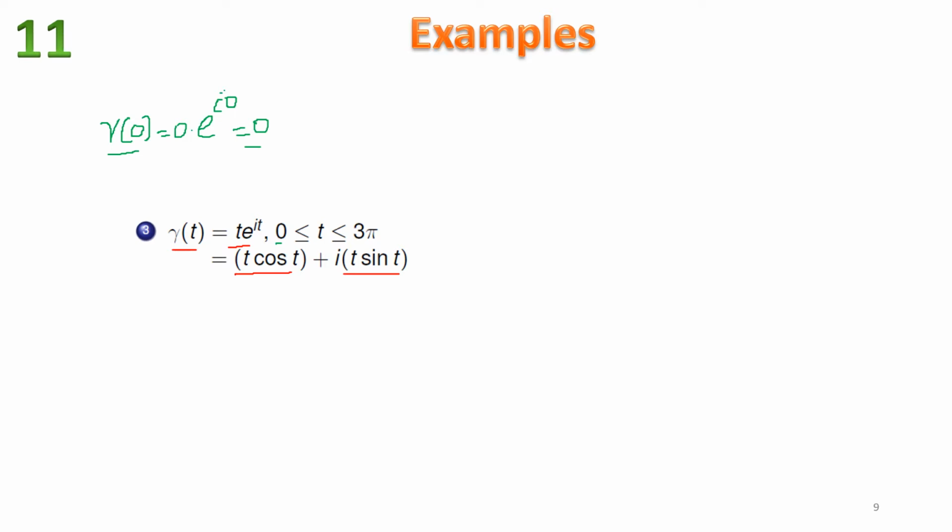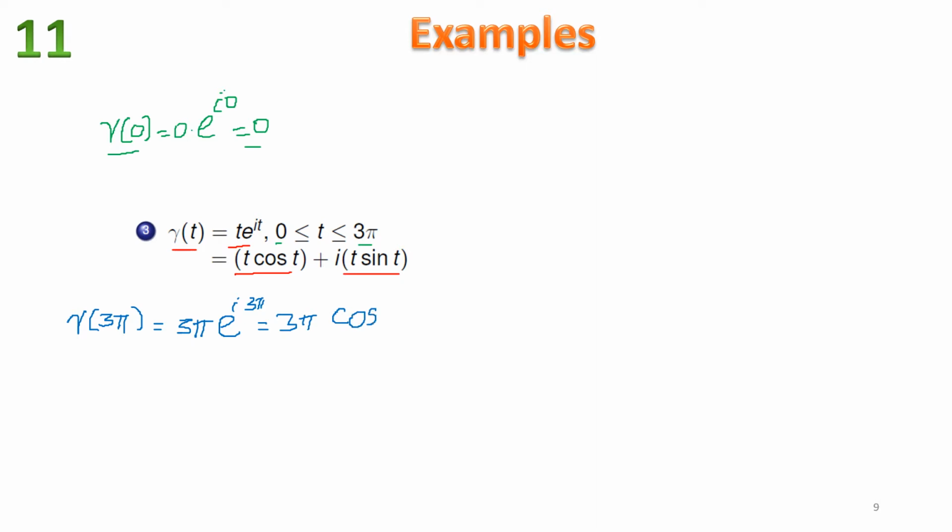Now the end point is 3 pi. Gamma of 3 pi we have to work out. By definition, you have to replace t by 3 pi. So here t into e to the it, so 3 pi into e to the power i times 3 pi. Or in other words, you can write 3 pi into cos of 3 pi plus i sine of 3 pi.